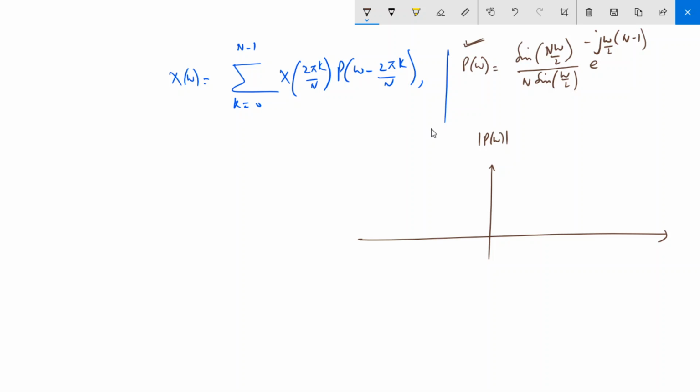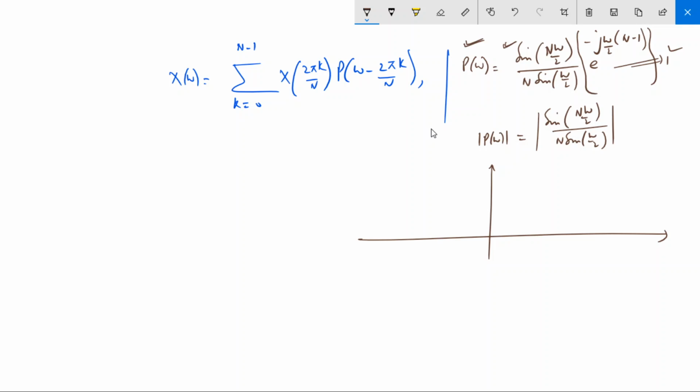And for the factor e raised to power minus j omega by 2, the magnitude will be 1. It basically introduces a phase shift. This part gives the phase response, and the sine ratio part gives you the magnitude response.